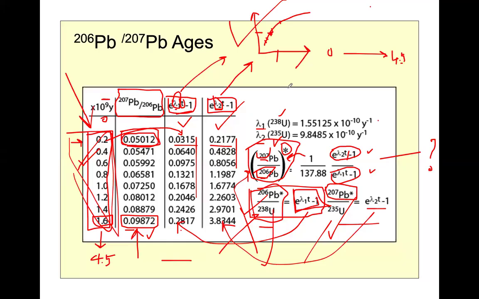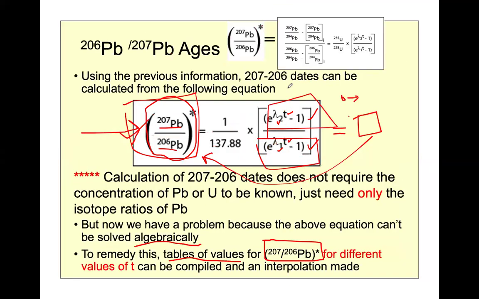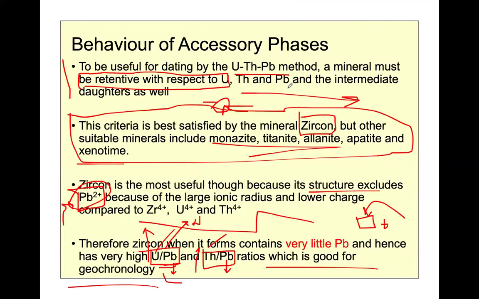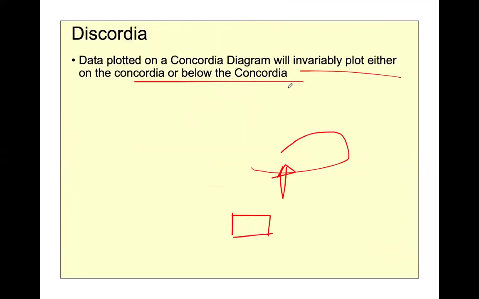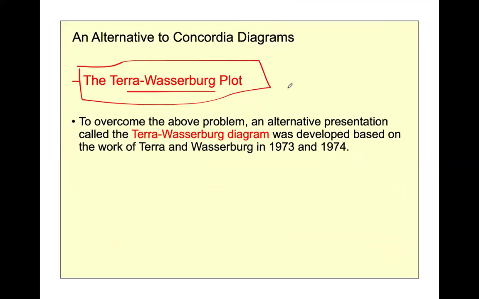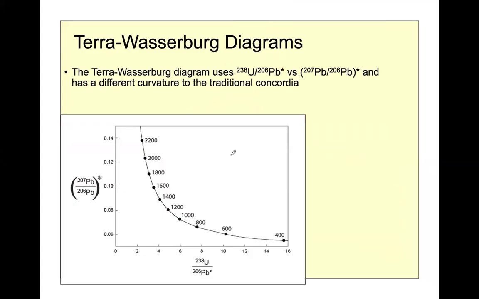So to avoid this Concordia problem in terms of interpolation, a new diagram was introduced. This new diagram is called the Tera-Wasserburg plot or Tera-Wasserburg diagram. It was developed by these two scientists way back in the 1970s. There, you take this ratio and this ratio.